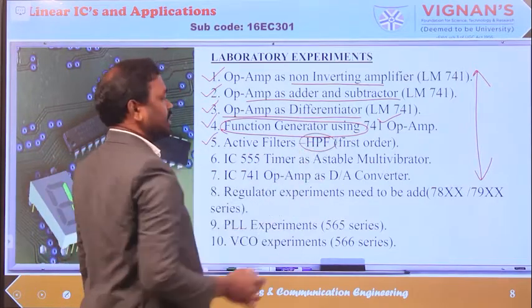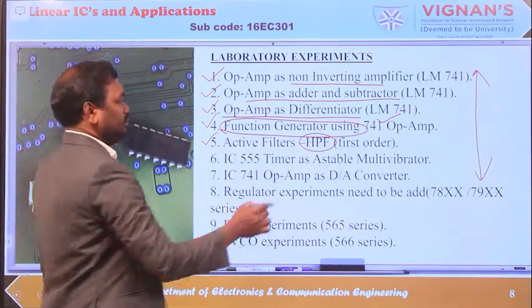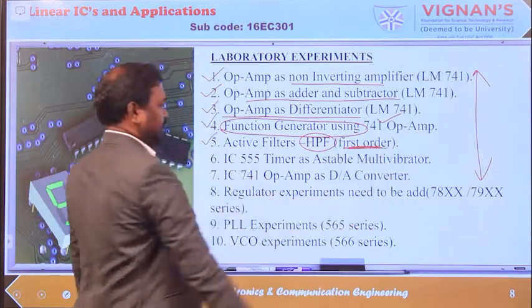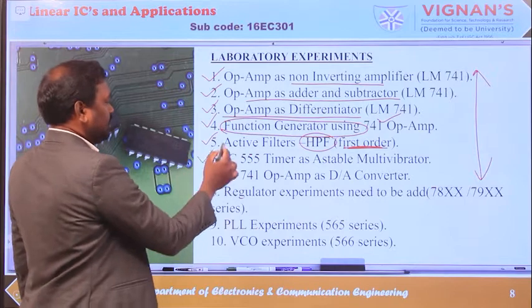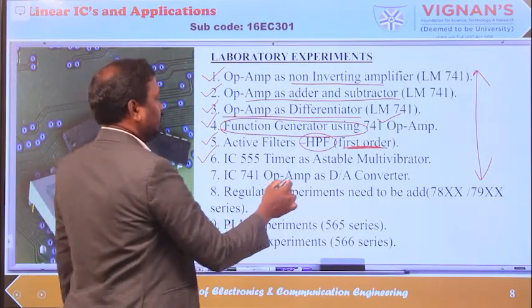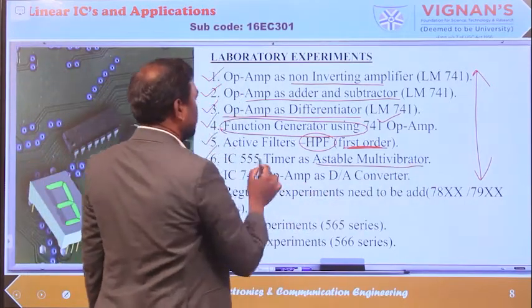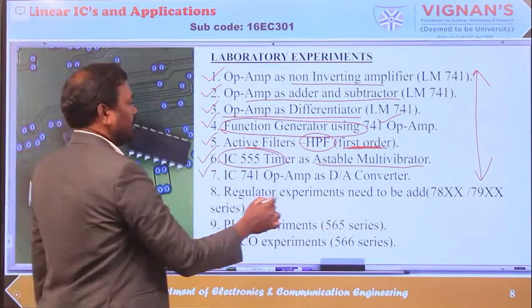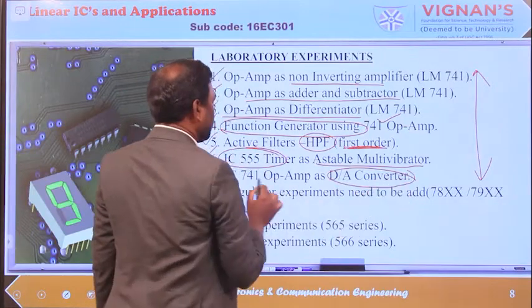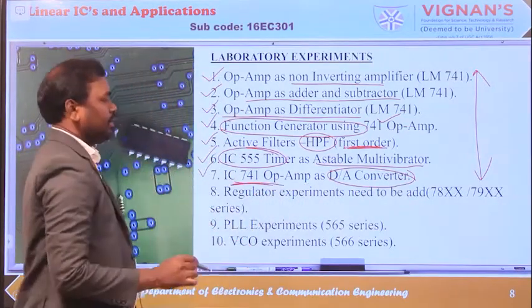Here HPF means high pass filter, it is a first order filter, and the sixth one is astable multivibrator design using 555 timer, and the seventh one is data converters designed by using 741 op amp.